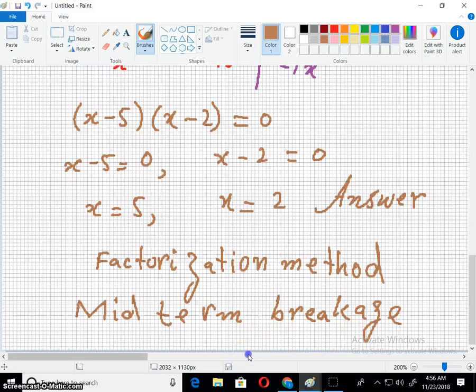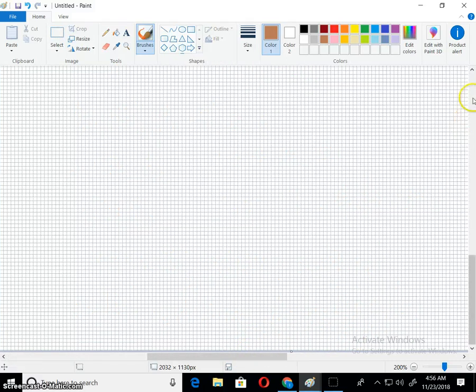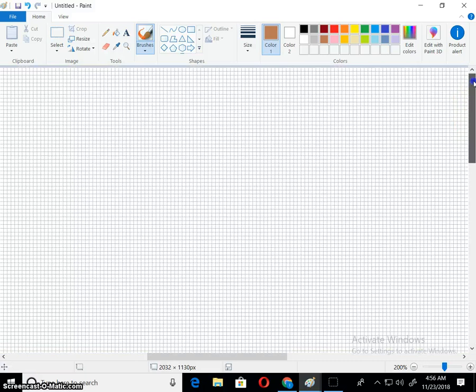Let's move to the next technique. The next technique is completing square method.